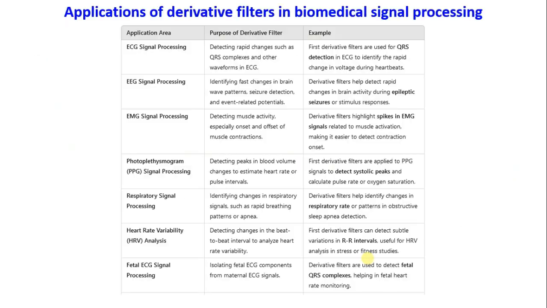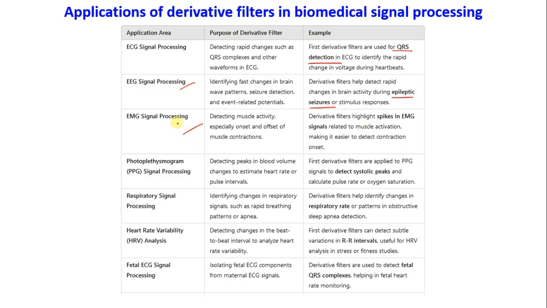So applications: ECG signal processing, EEG signal processing, EMG signal processing. Here, if you see, it is useful in QRS detection. The QRS complex is a high frequency signal, right? Talking about epileptic seizures, in epileptic seizures you get high frequency signals.